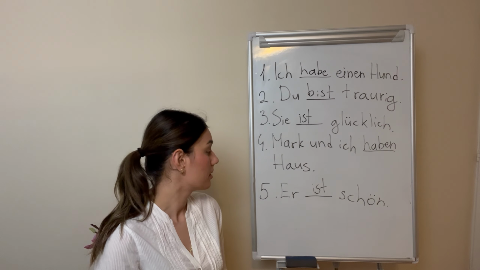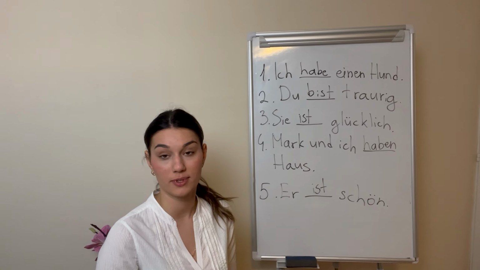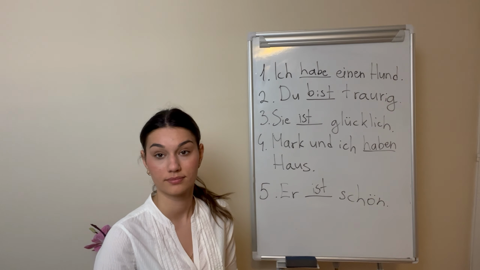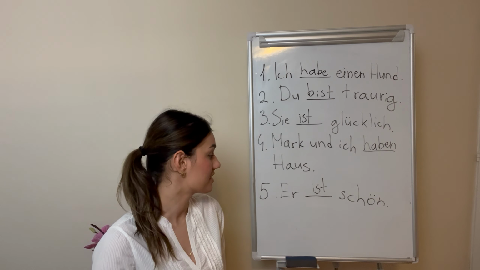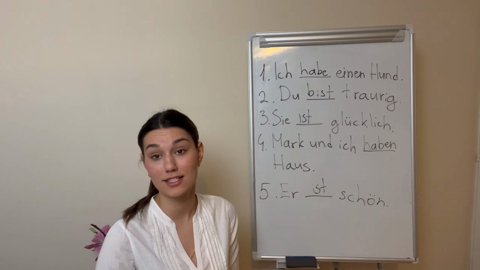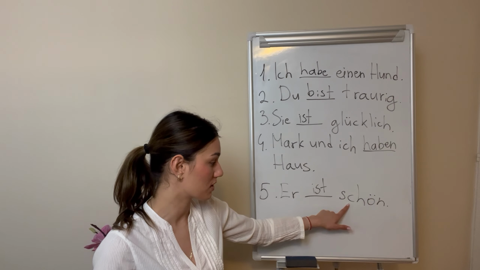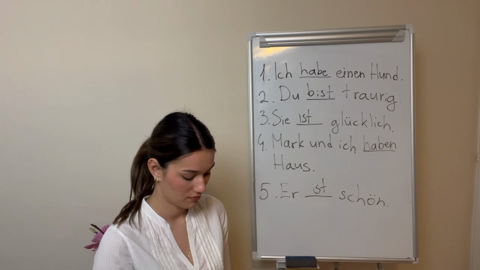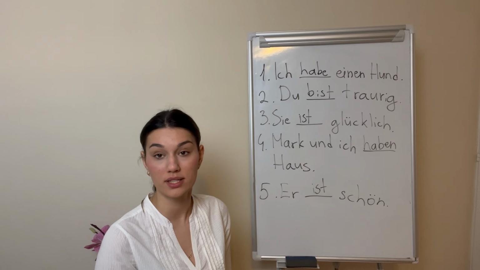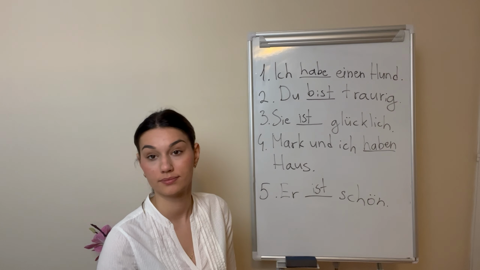Okay. Fifth sentence, read it for me. Sie ist schön. Can you tell me how this word will be translated? That's right. Pretty or beautiful.